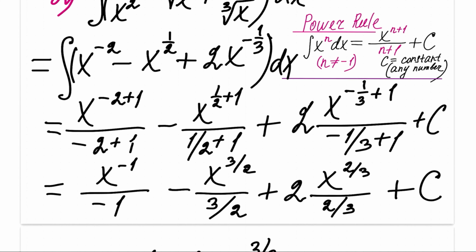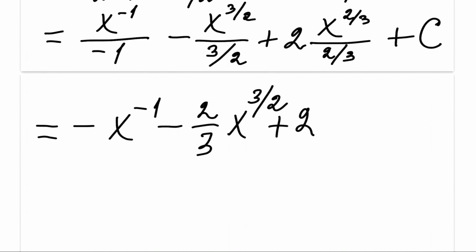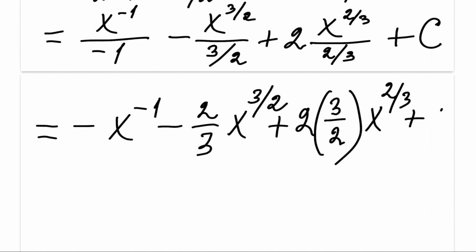Alright, keep simplifying. Actually, we want to convert everything back into radical form, and also rewrite your expression with positive powers. For the next term, we want to keep 2, and when we divide by 2/3, it's the same thing as multiplying by 3/2, the flipped version. We can cancel 2. And we are going back to radicals and positive powers. For the first term, we've got minus -1 over x, so x goes down.